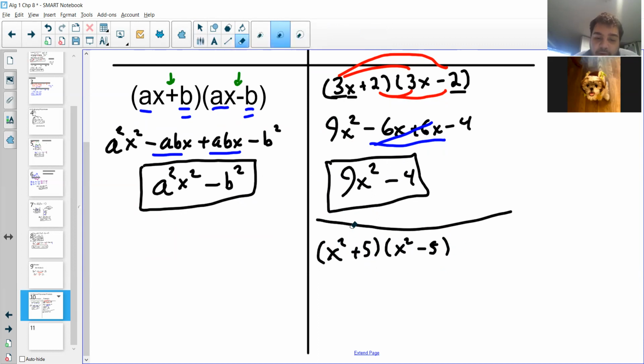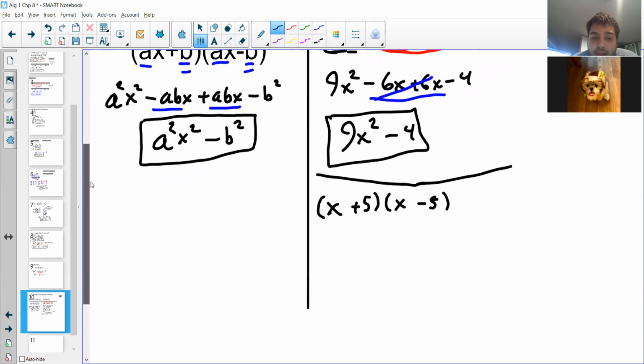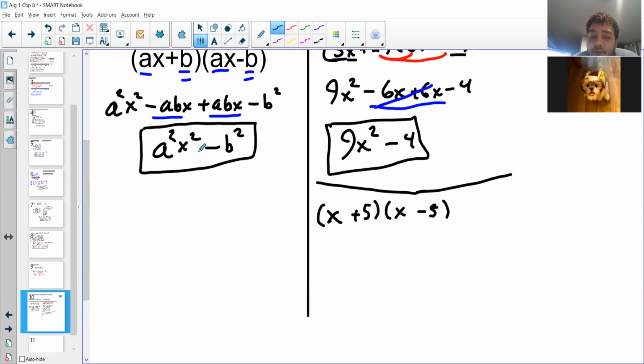Oh, not squared, my fault. Just x. If I know this pattern, if I know this rule, I can automatically do the answer because they're the same numbers, just one's positive, one's negative.